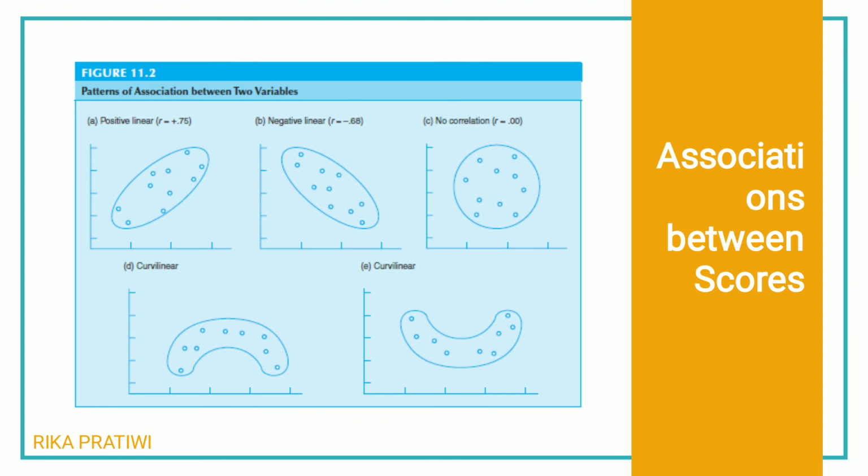And the negative linear relationship is where low scores on one variable relate to high scores on the other variable. Low scores on depression, for example, might be associated with high scores on use of the internet, suggesting a negative relationship.